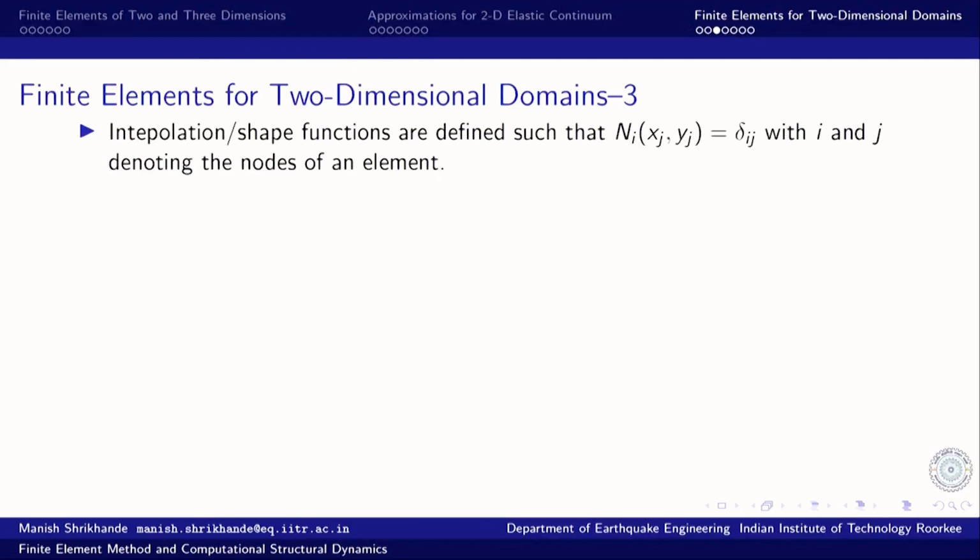So, I can define this variation. So, if I have this, this is I, j and k. I can draw this variation. This is how N I will look.